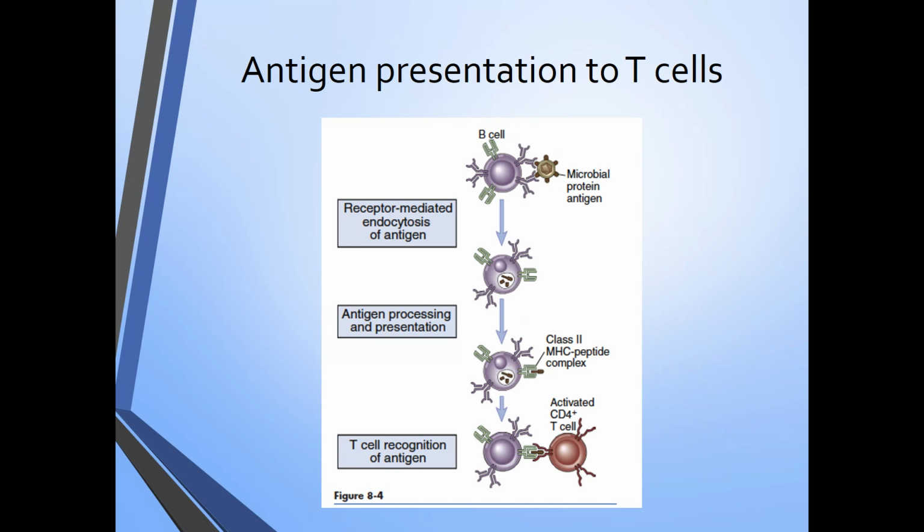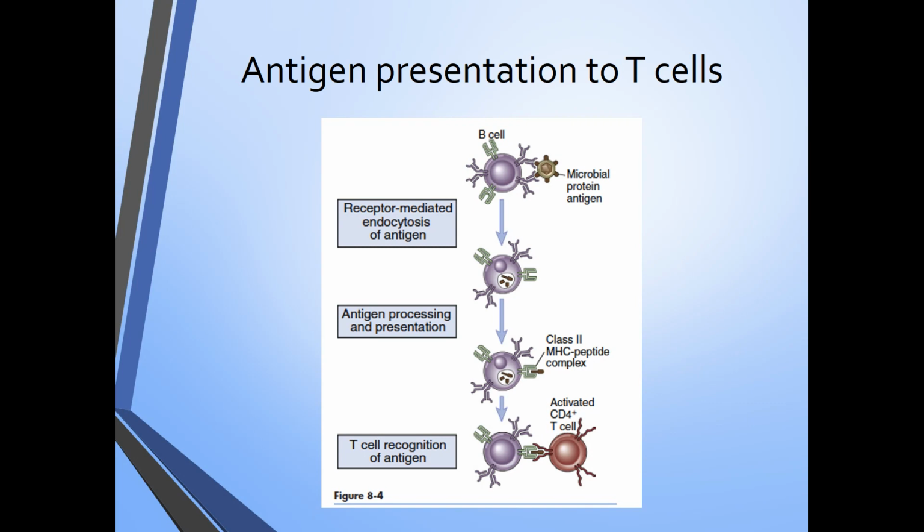It gets endocytosed, and so that microbial antigen gets processed, it gets degraded into peptides, and during those steps, it gets loaded into the MHC class 2 molecule. And when that occurs, now an effector CD4 positive T cell can recognize that.